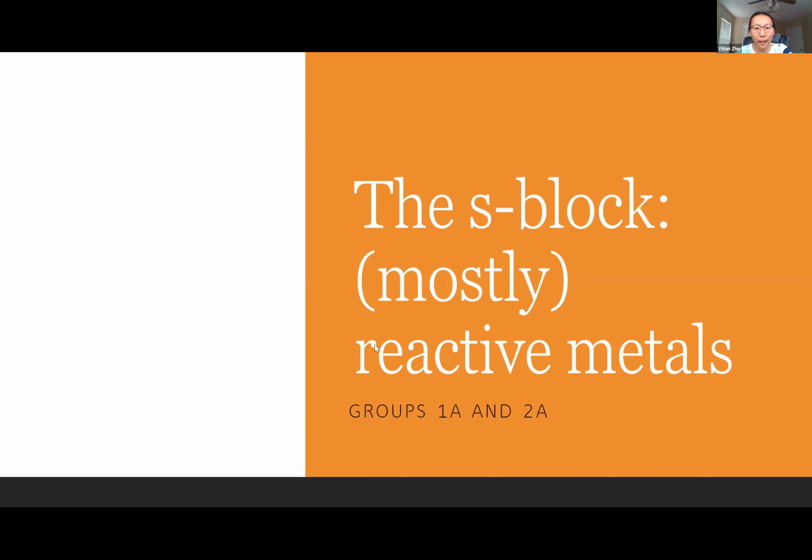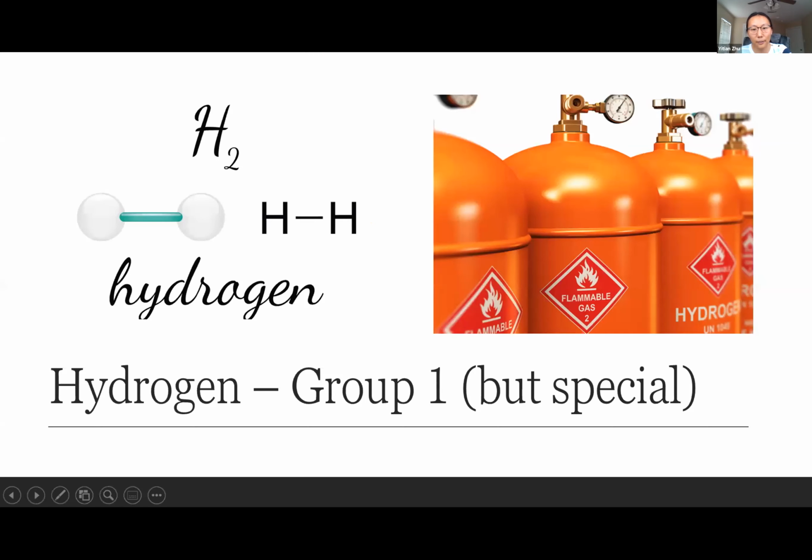Okay, first we're going to talk about the S block, which is made of mostly reactive metals, with one exception, which is hydrogen. It's super special because it is the only non-metal in group 1.